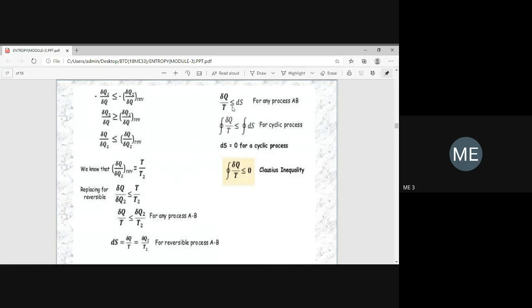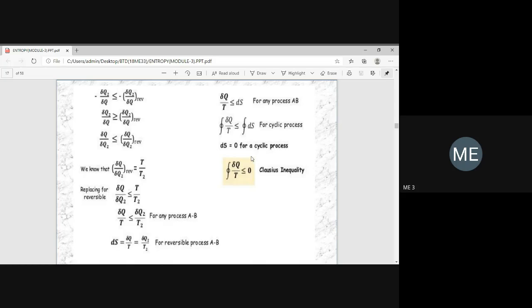But we know that ds is 0 for a cyclic process, because entropy is a property. So the cyclic integral of dq by T is always less than or equal to 0. This is called the Clausius inequality.